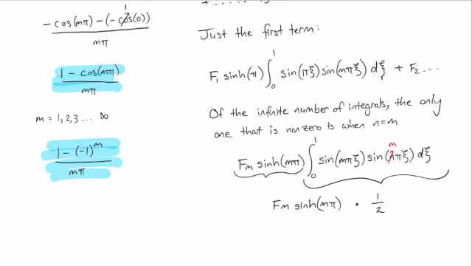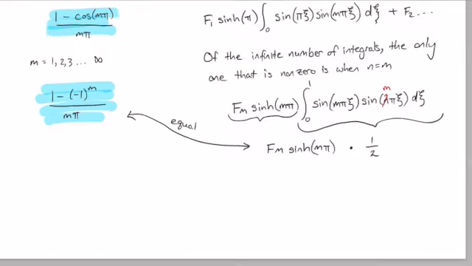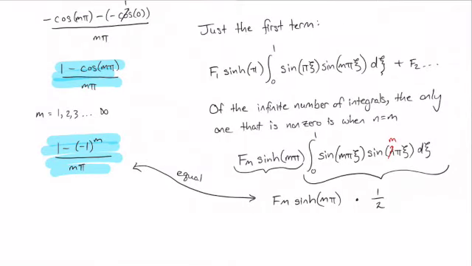So to pull it all together, we were trying to solve for that constant of integration fm. And so now we have an equation. We set the left-hand side equal to the right-hand side. And we can actually just go ahead and write out the solution to this equation.